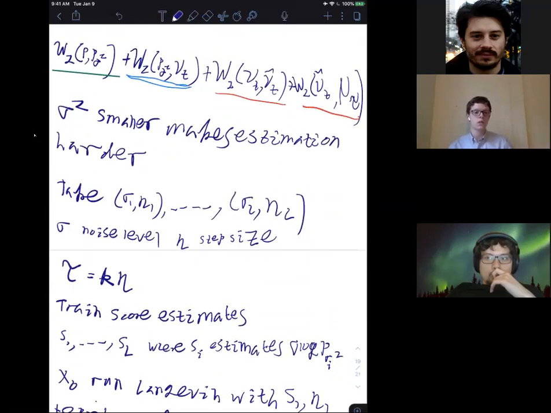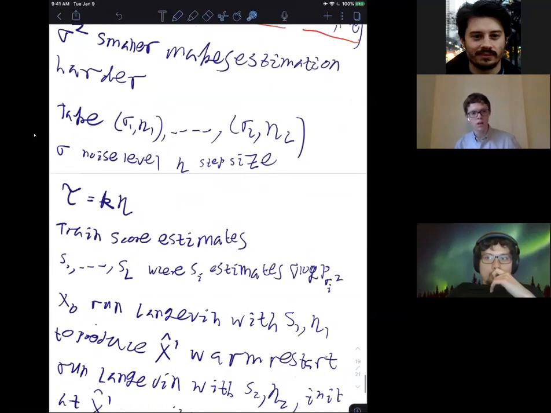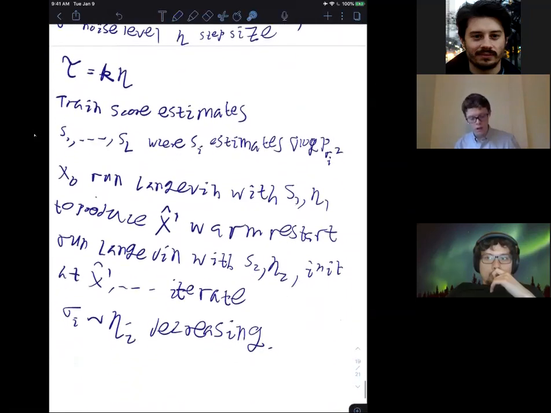Later on, we don't need to mix quite as quickly, but we need to keep much more careful track, especially as sigma squared is getting smaller, this third to last term is going up, by what I said above. I hope this gives you an idea of why the homotopy annealing actually works.